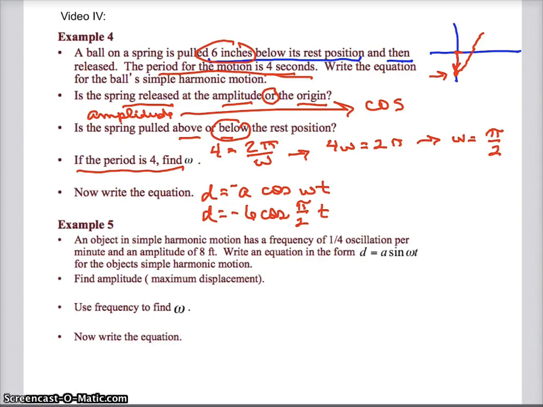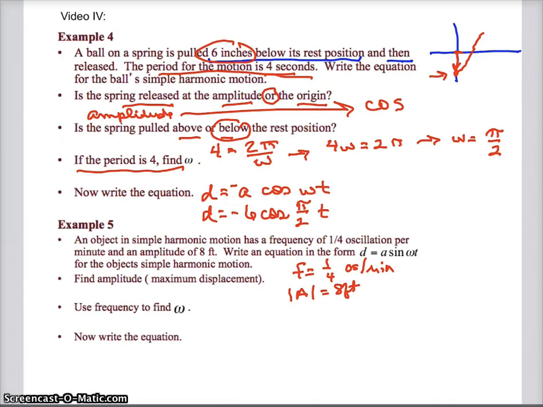Example 5. An object in simple harmonic motion has a frequency of 1/4 oscillation per minute. So the frequency is 1/4 oscillation per minute. And an amplitude of 8 feet. So I know the absolute value of A is 8 feet. Write an equation in the form d equals a sine omega t.